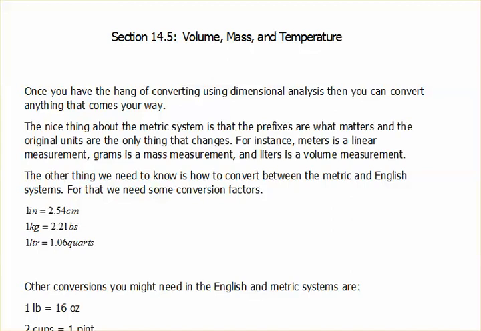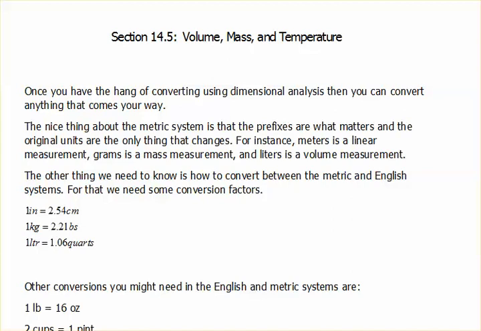When it's in front of grams, it means 1,000 grams. And when it's in front of liters, it means 1,000 liters. So that prefix of kilo always means 1,000 of those original or base units. Centi always means 0.01 of those base units. So once you get the hang of that, then converting within the metric system becomes very easy.